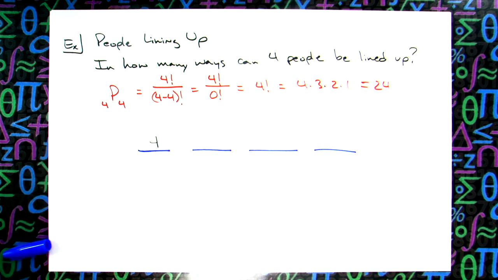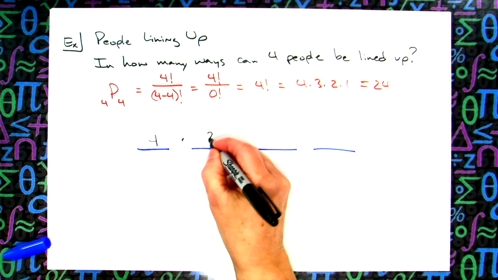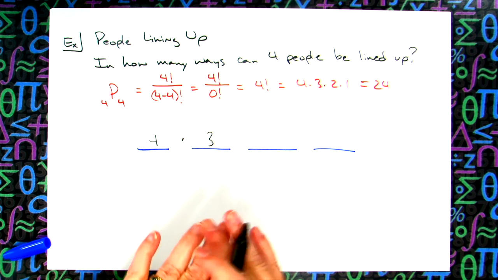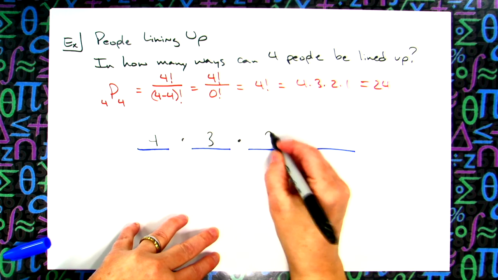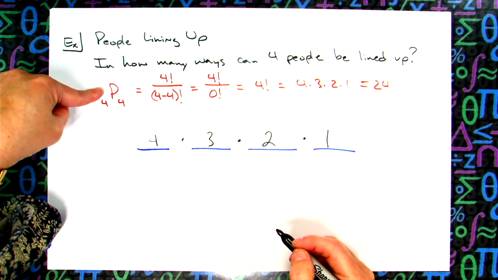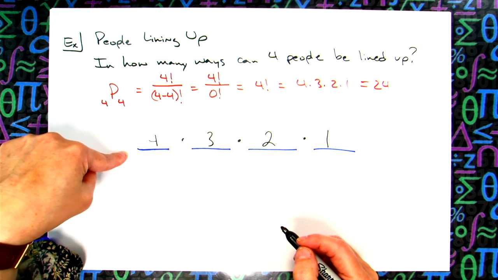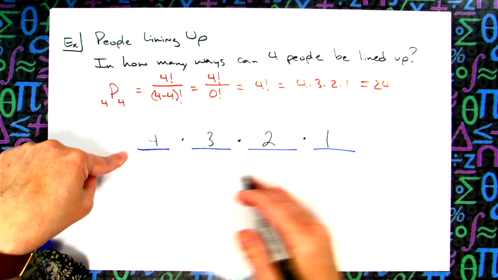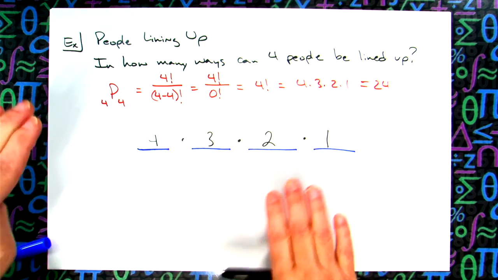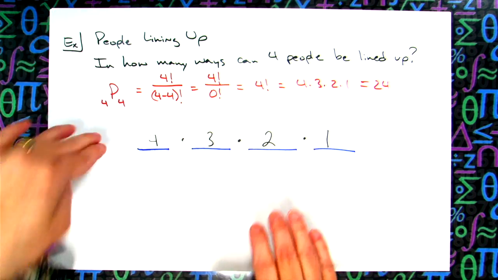Now, once that one person is there, how many people are left to go into the second spot? Only 3. Now another person has gone. How many's left out of those 4 people to choose from for the third spot? And then how many people for the last spot? Okay, so now you can do it with a formula, but when it's permutation, that type of method also works as well because you can see that pattern right there. So however your thinking is, the formula works for permutations. All right.